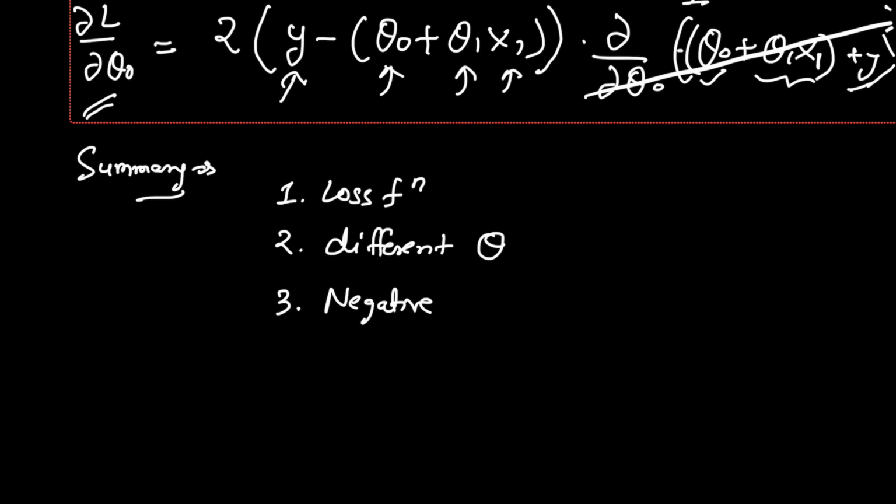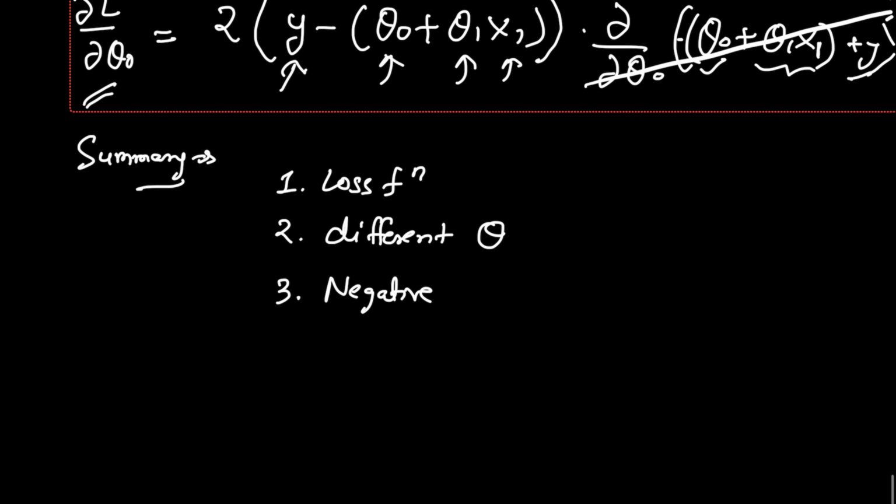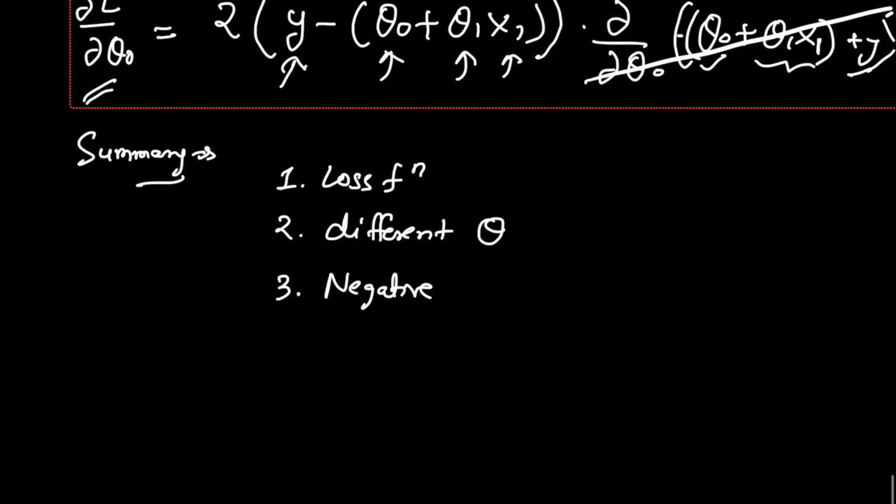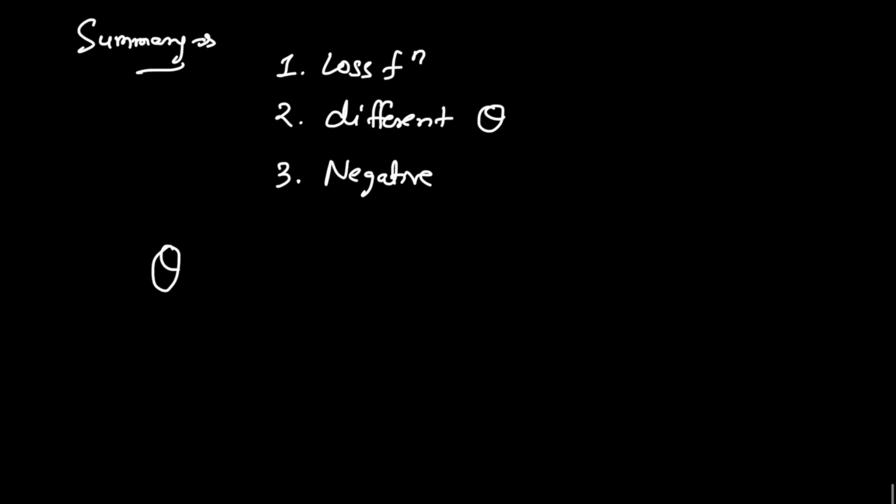How do I move in the negative direction? Well, if I take theta naught, and let's say I found the gradient, so I will move in the negative direction of the gradient, and let's say I take some constant eta times del L over del theta naught.